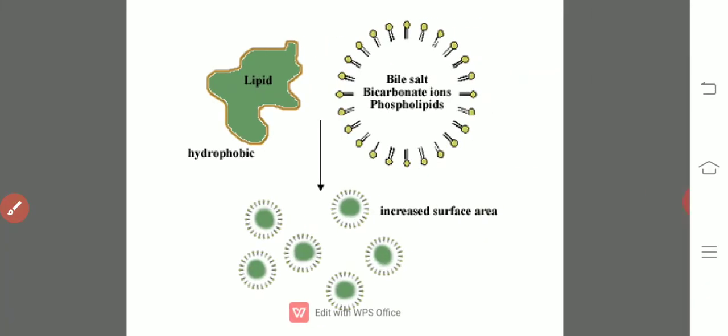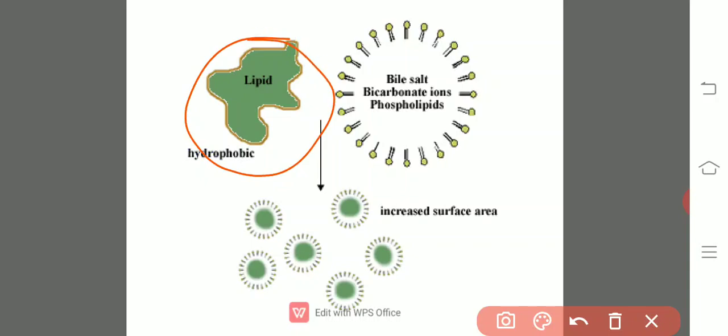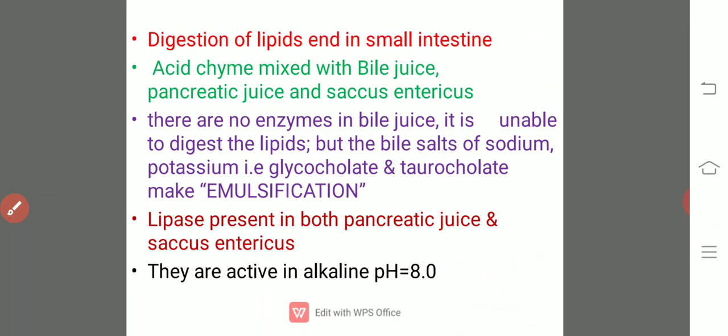It is a hydrophobic lipid, and after the attachment of bile salts and phospholipids, it becomes like this. So there is an increased surface area for the action of the lipase enzyme, right. Here we have to remember, the first thing is the emulsification. So how does the emulsification facilitate the action of lipase on the lipids?